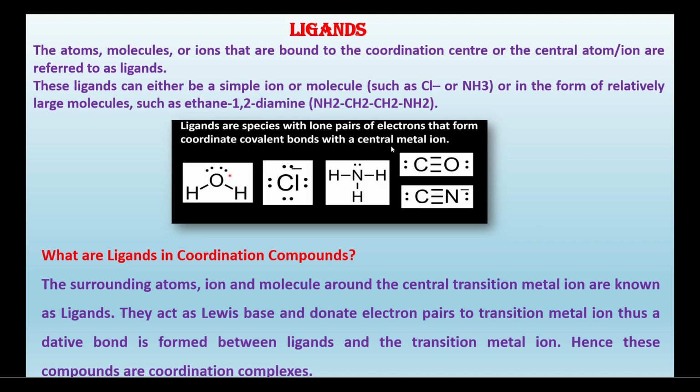For any type of ligand, there is bonding between the metal and the ligand, with at least a lone pair of electrons able to form a coordinate, covalent or dative bond with the central metal ion.